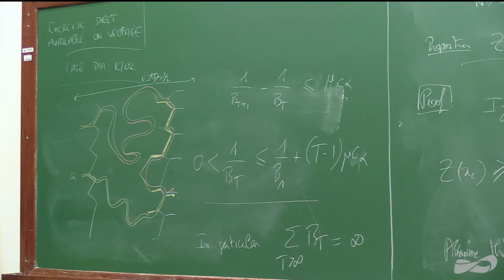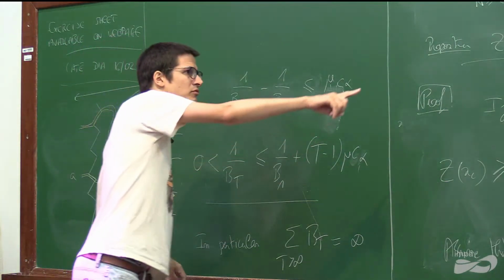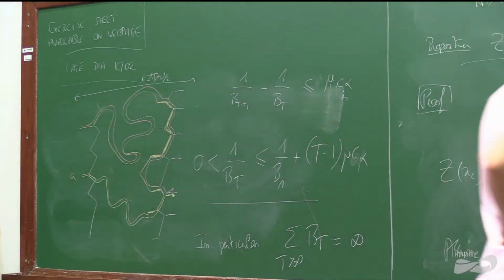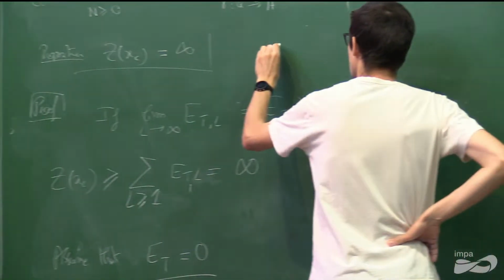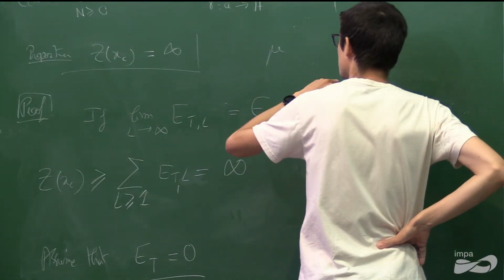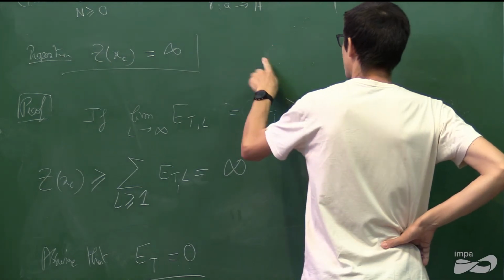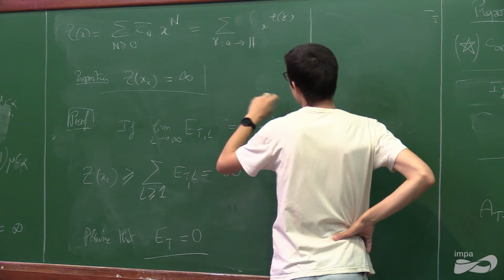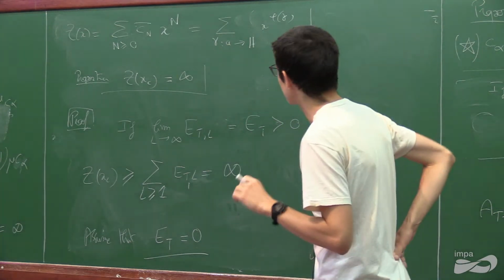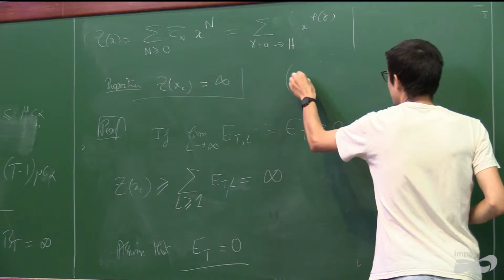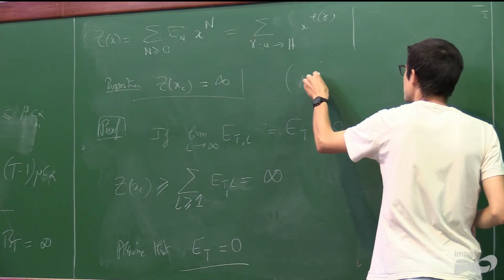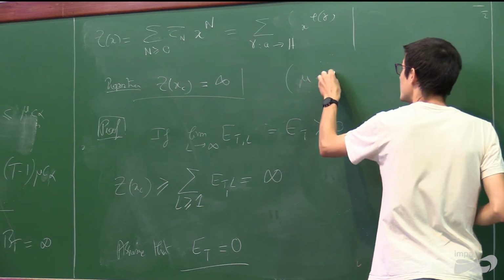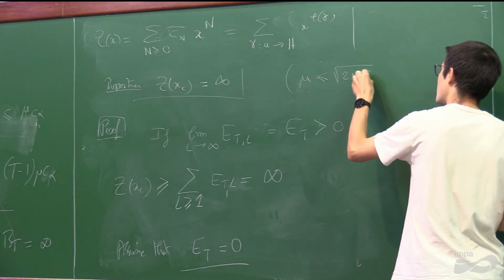So if you remember, what this proves is that mu, well, the problem is that I've defined mu so that if mu is a connected constant, this tells you that mu is smaller than square root of 2 plus square root of 2.